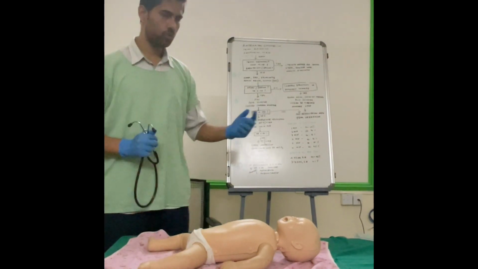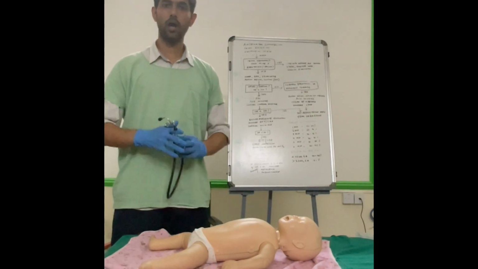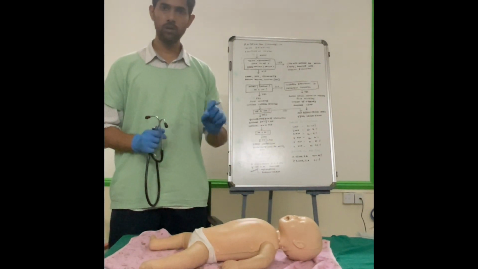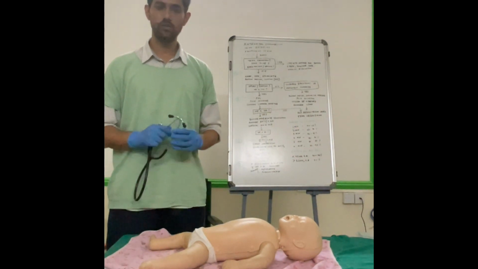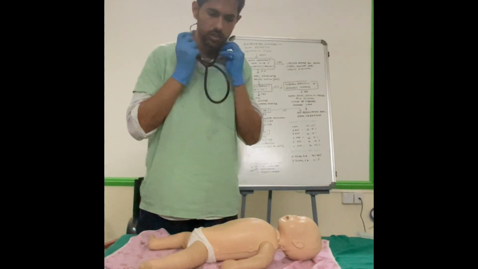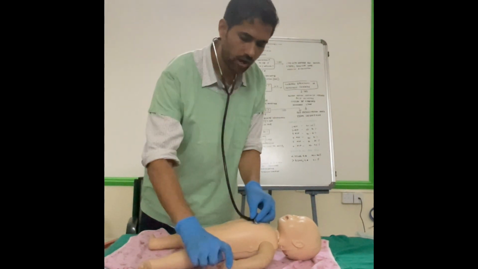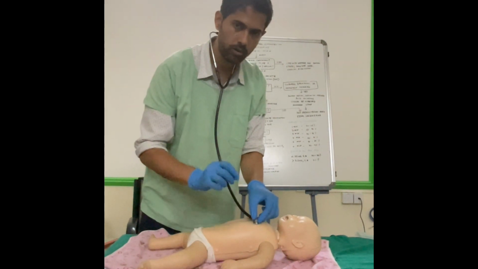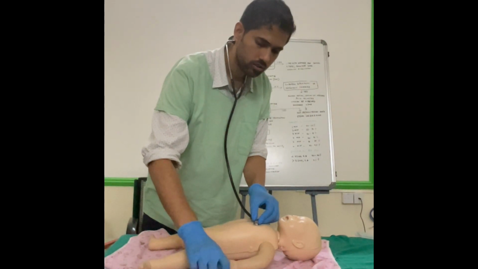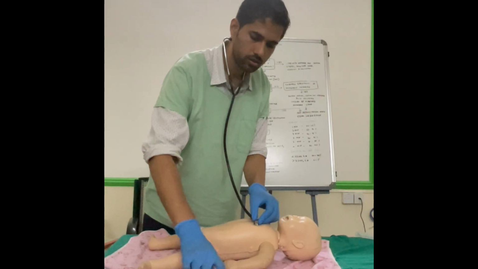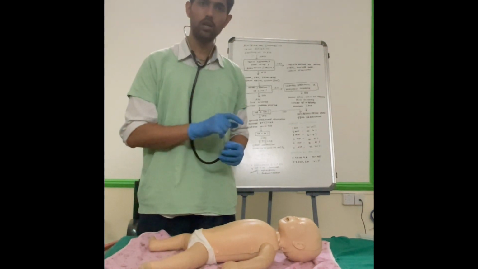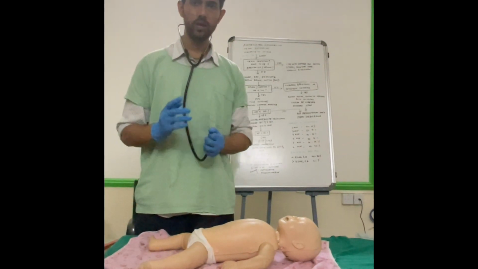Suppose two persons are there. One is ascertaining the heart rate, and another person will be counting how many times I tap. So I'm listening like this on the baby, and I will tap on the table each time I hear the heartbeat. If I tap 6 times in 6 seconds, the other person standing there will multiply it by 10.